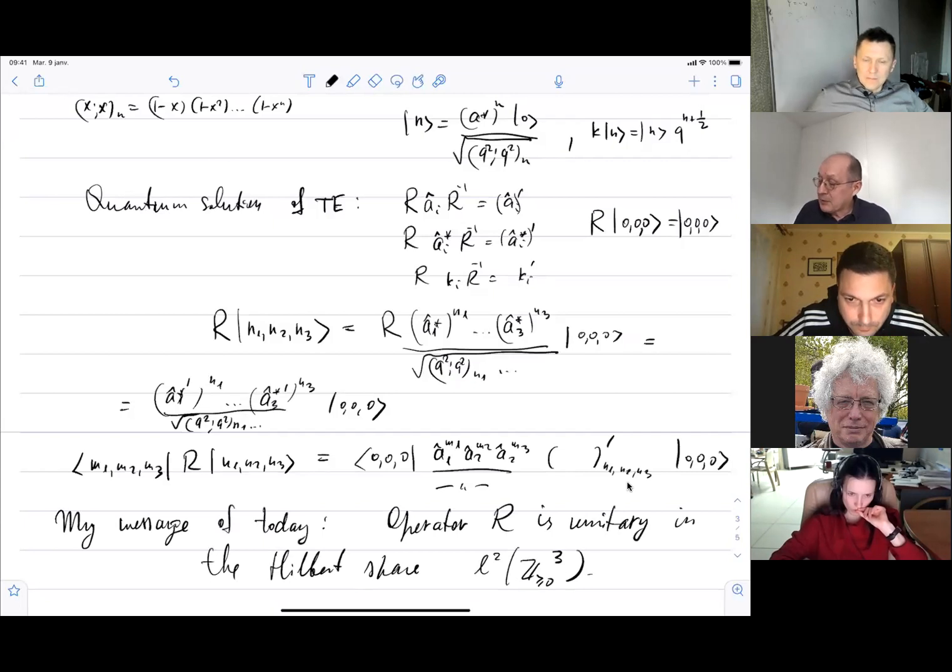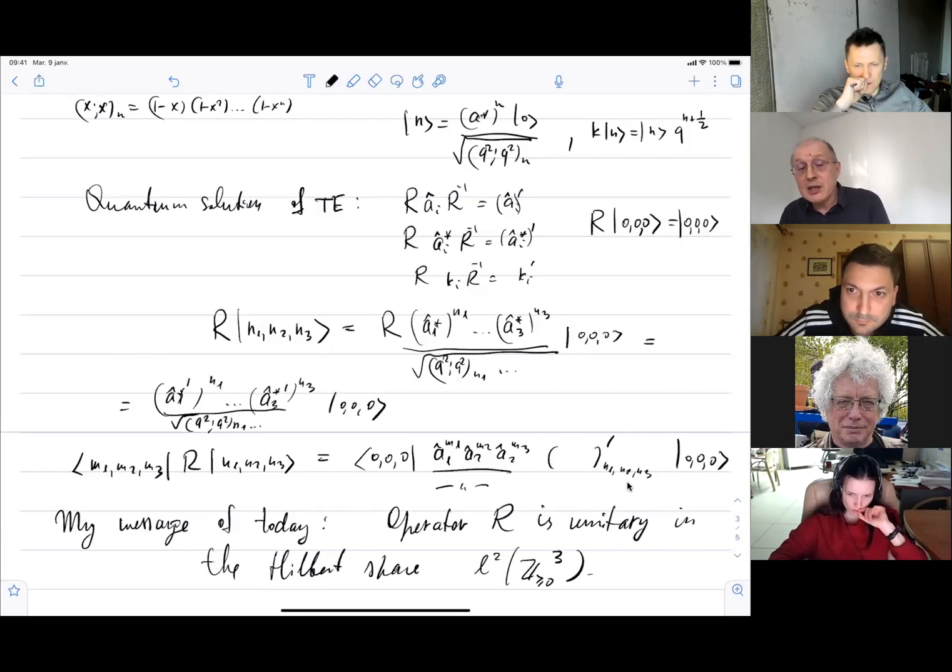So we have a Hilbert space of sequences, right? Because our Fock space has an orthonormal basis indexed by positive integers. That means the elements of this Hilbert space are expansion coefficients with respect to this orthonormal basis, so it is identified as the Hilbert space of square summable sequences.